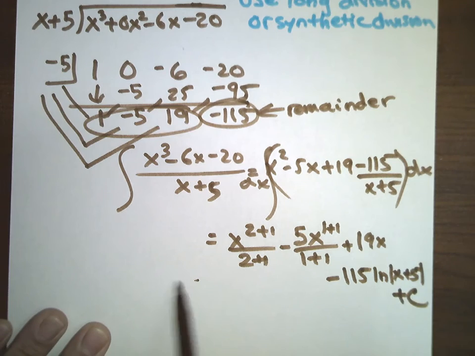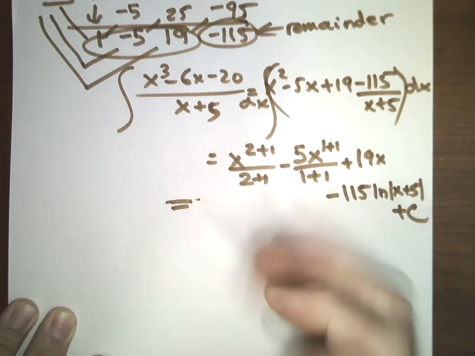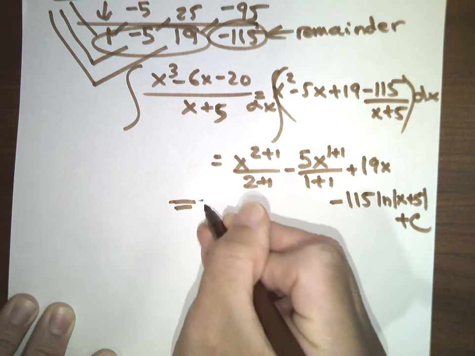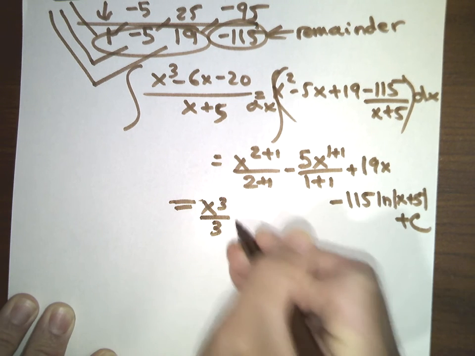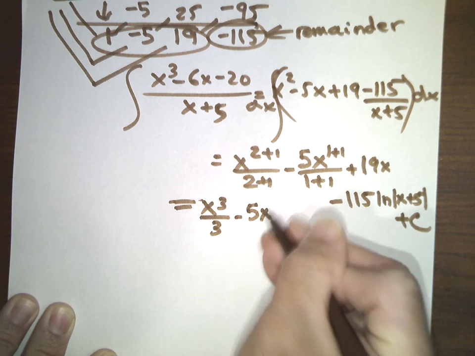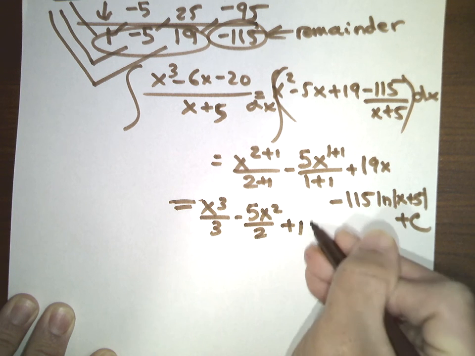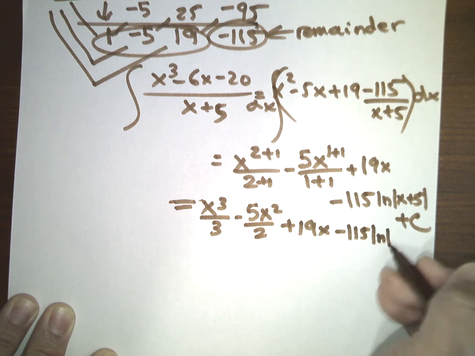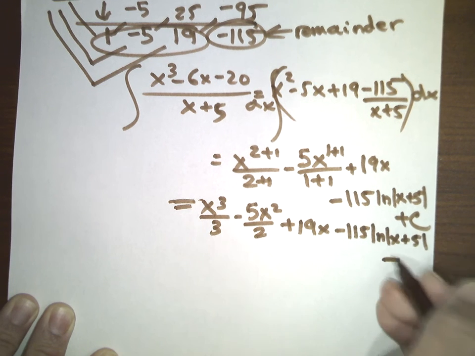So then if I simplify, I have x to the 2 plus 1, that's x to the third, so x to the third over 3 minus 5x squared over 2 plus 19x minus 115 natural log of the absolute value of x plus 5 plus c.